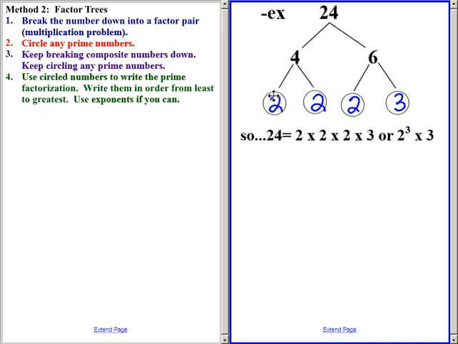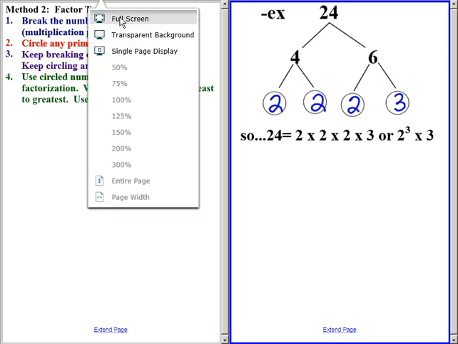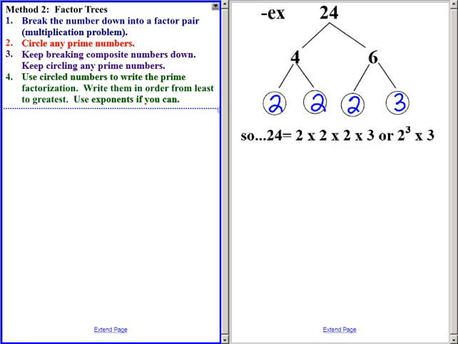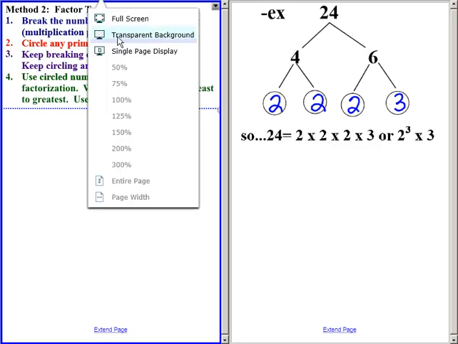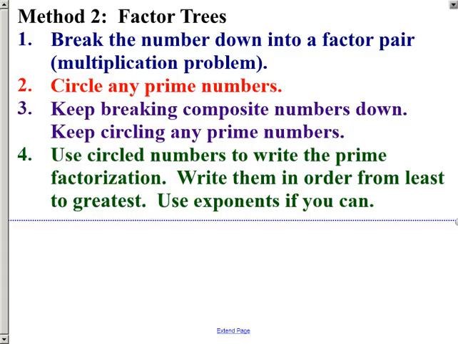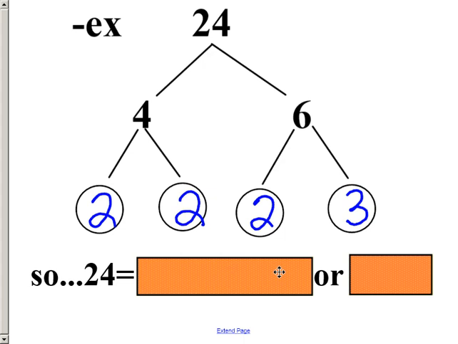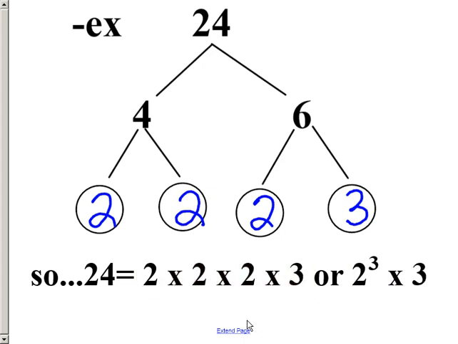Now, we've already done 24 once. We did 24 earlier when we were looking at doing it with upside down division. So if we go back and look at that for 24, right here we got 2 to the third power times 3, just like we got here, 2 to the third power times 3.